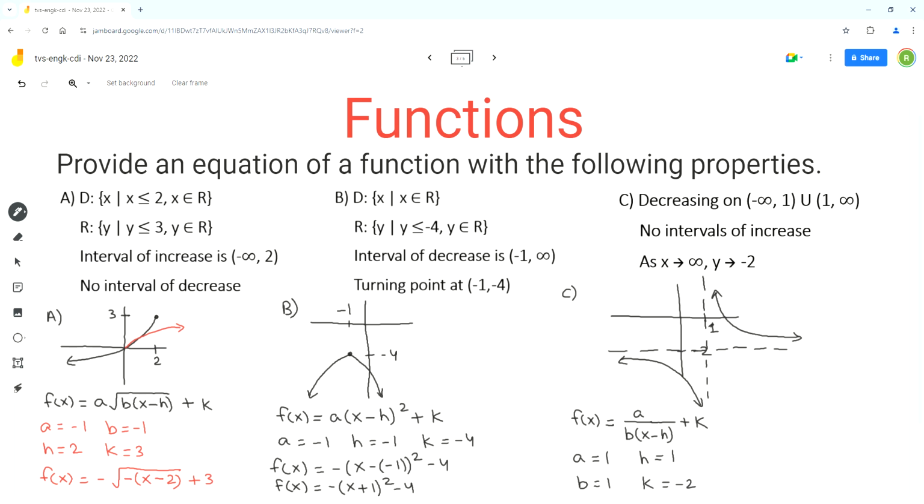Now we can sub in the values in the general equation. So this can be the equation of the function in part C. So these are the steps you have to keep in mind to solve a problem like this one.